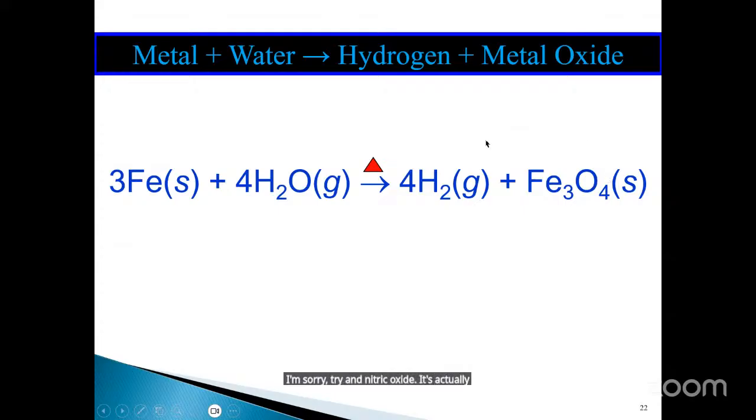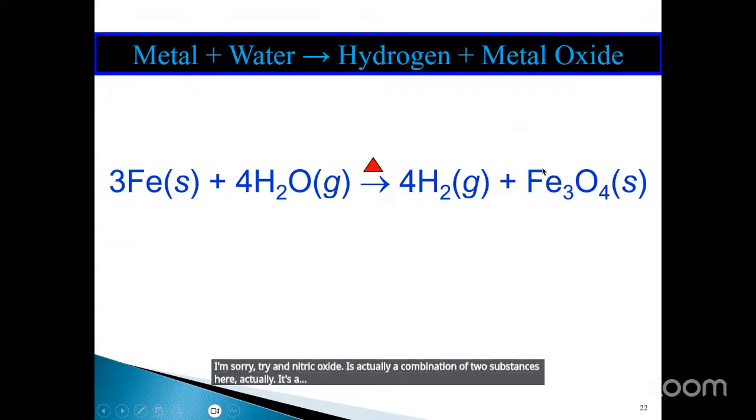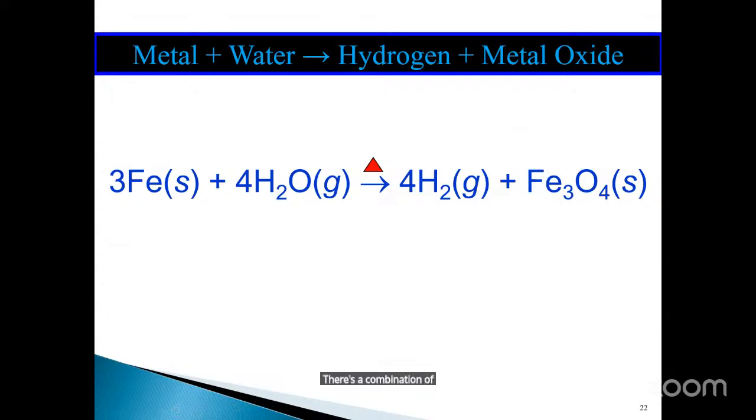It's actually a combination of two substances: FeO and Fe2O3.